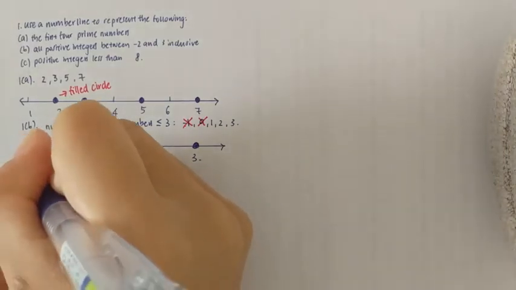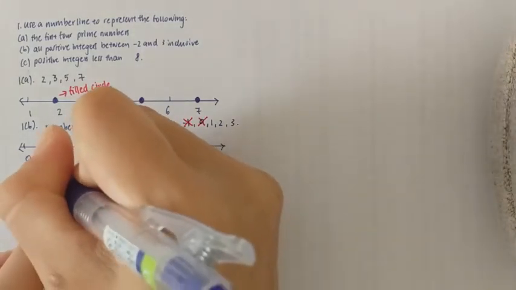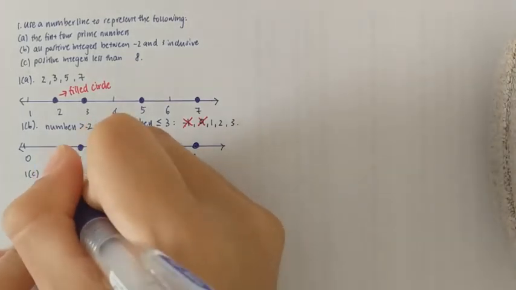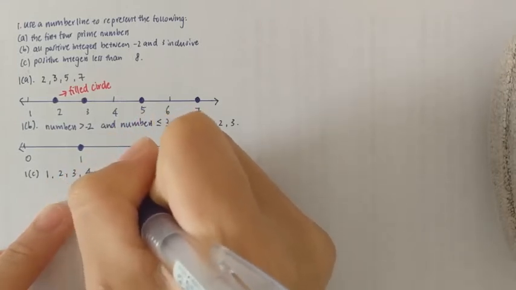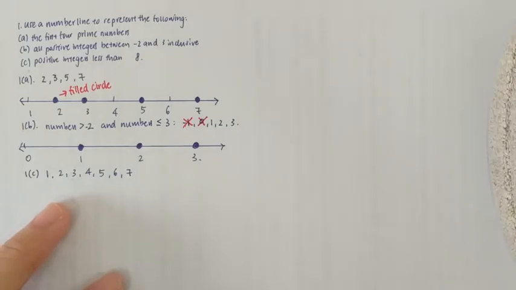Okay, last question. 1C. We want positive integers less than 8. What are the positive integers less than 8? We will start from the first smallest positive integer, which is 1, followed by 2, 3, 4, 5, 6, 7. Do we include 8?